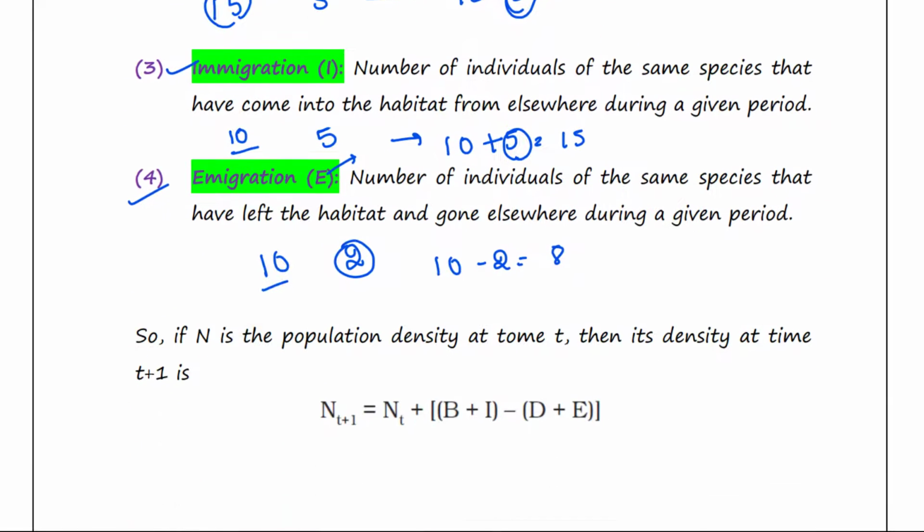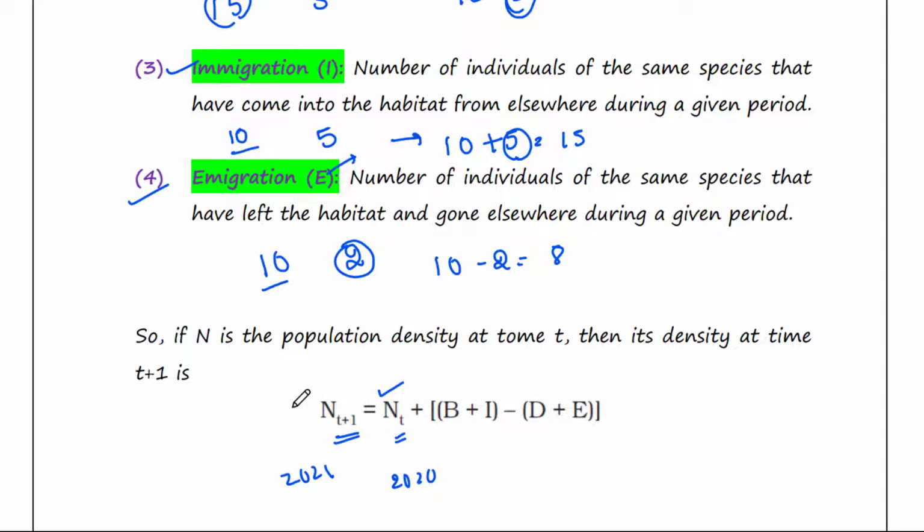So, if N is the population density at time t, suppose it is the population density in year 2020, then its density at time t plus 1, suppose it is 2021, we can calculate.